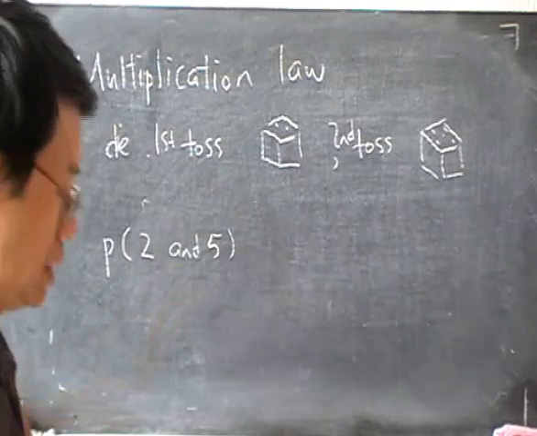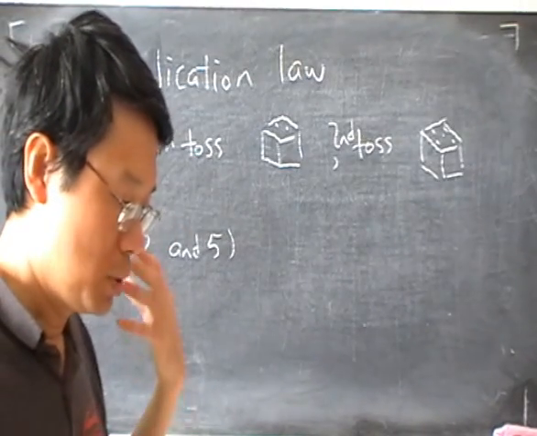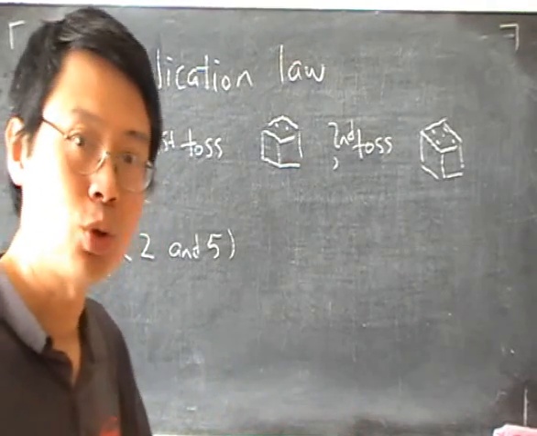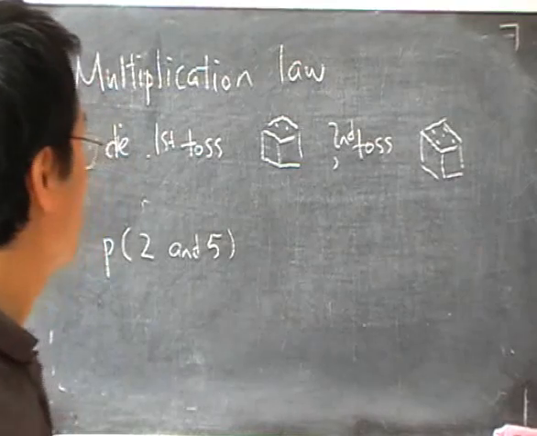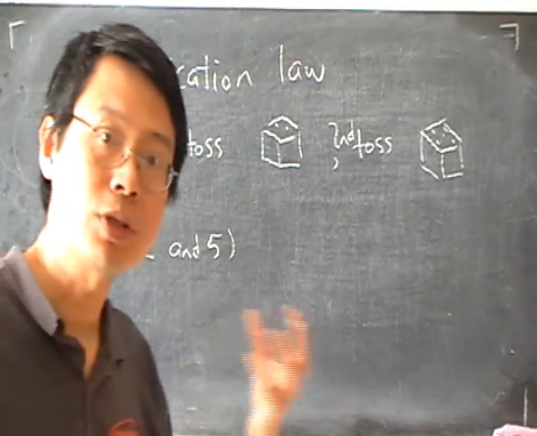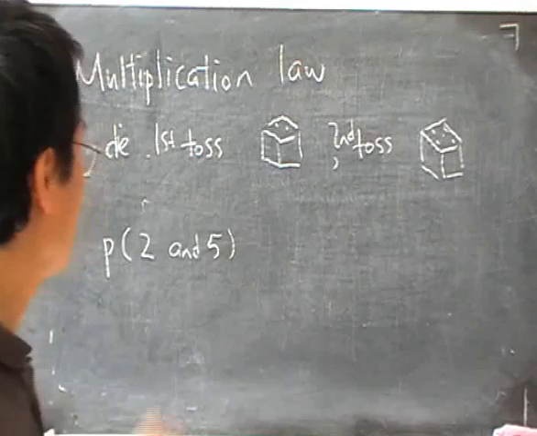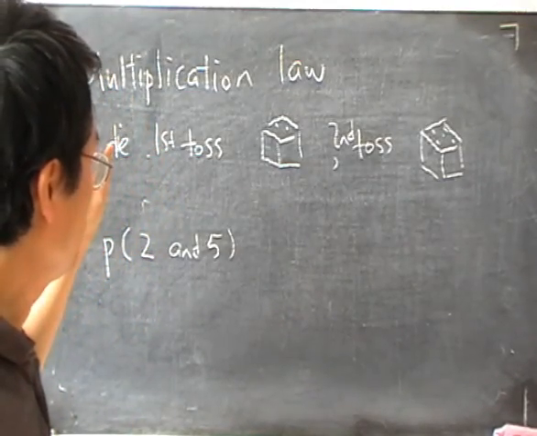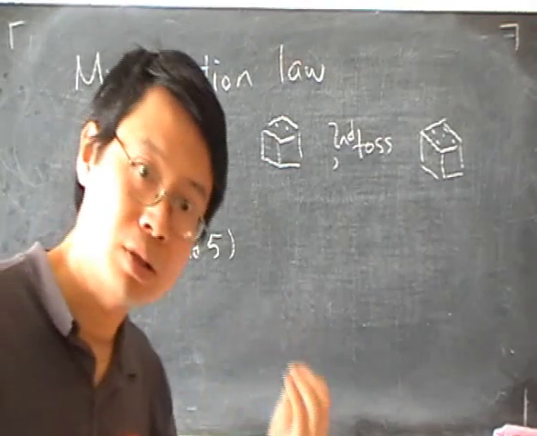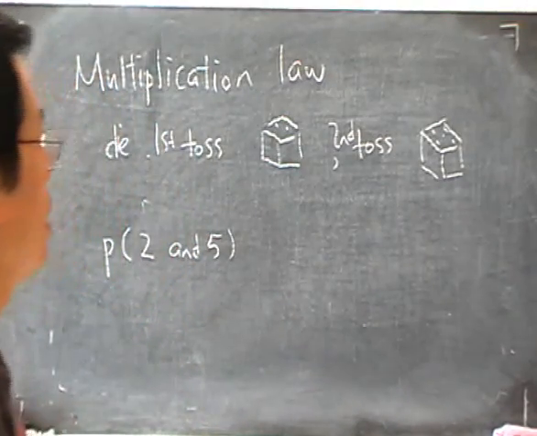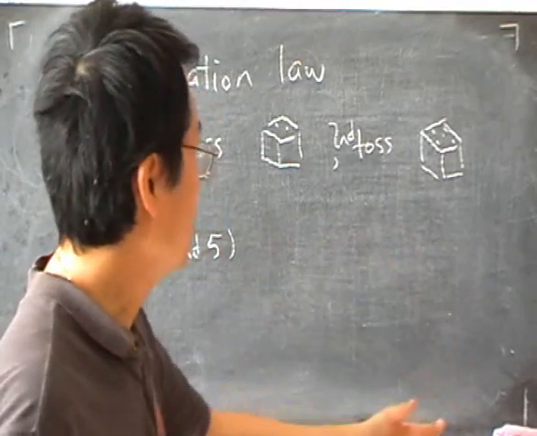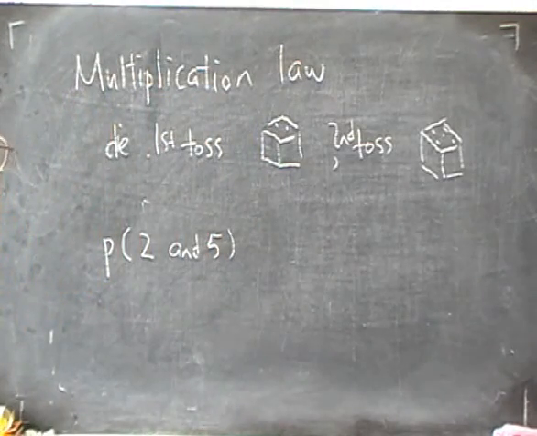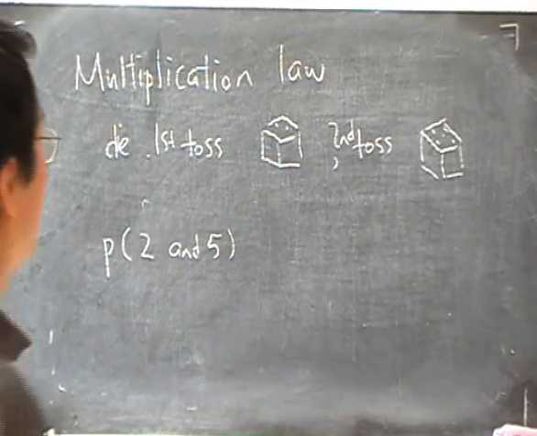Of course, it does not mean that I want to get a 2 and a 5 at the same time when I toss the die. If I just toss the die, I can only get one number. It means that I'm interested in getting a 2 when I toss the die for the first time, and that I would then get a 5 when I toss it for the second time.